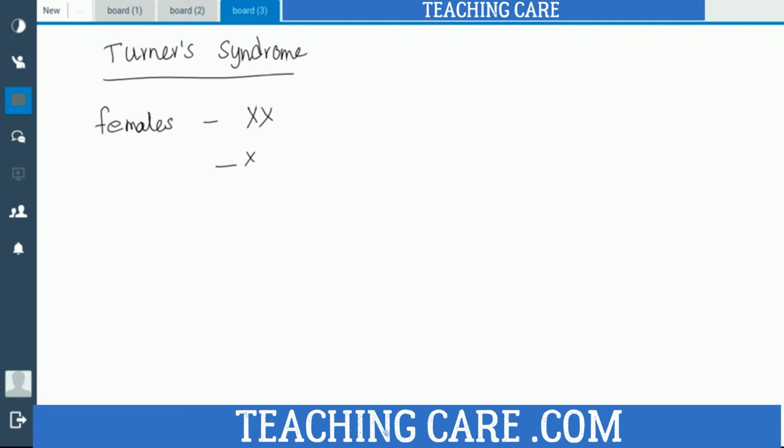Generally, females will have two X chromosomes, but here only one X chromosome is present.